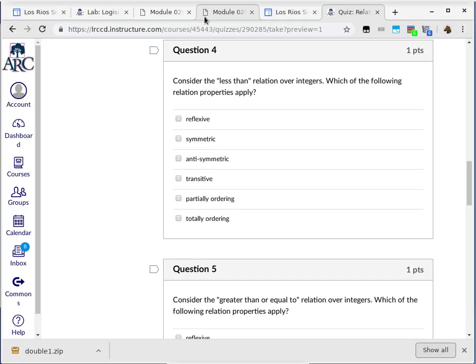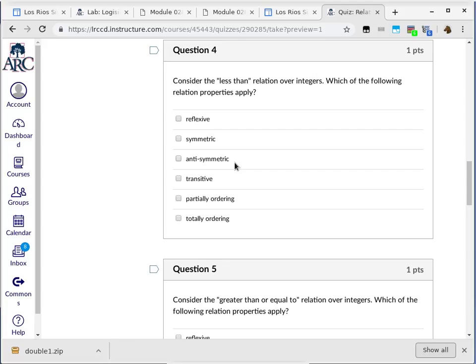Consider the less than relation over integers. Which of the following is going to apply? Okay. Is it reflexive? In other words, is every integer less than itself? Nope. Is it symmetric? If A is less than B, does that imply B is less than A? Nope. Is it anti-symmetric?